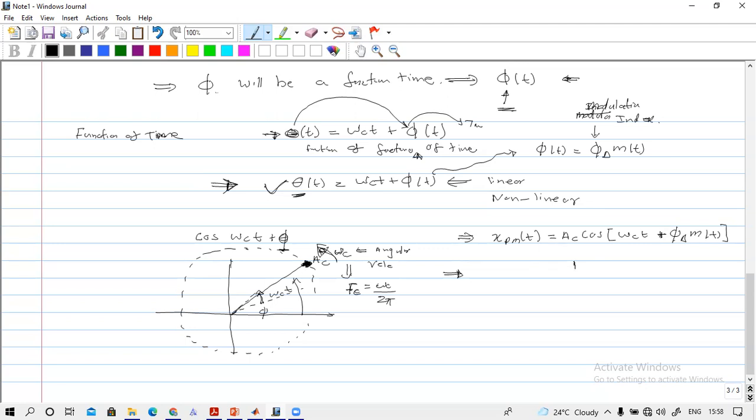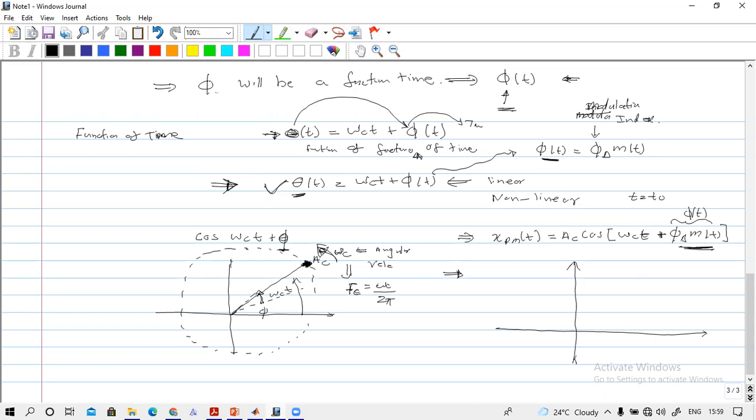So if we draw the phase diagram here, you can see that this is the phase. Let's say it is phi t. Let's consider some time point, at t equal to t0.